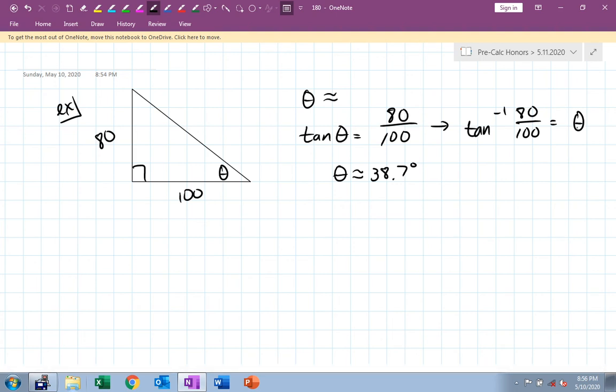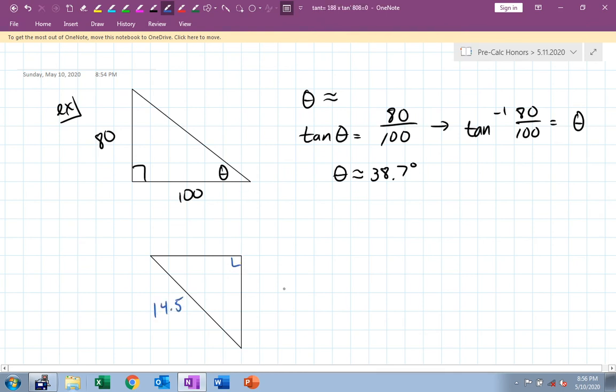All right, let's do another one of these. Well, it looks like a 45, 45, 90, but it's not going to be, okay? Yeah, so 14.5 and 6, and I'll throw the angle up there. So again, everything's based off the angle.